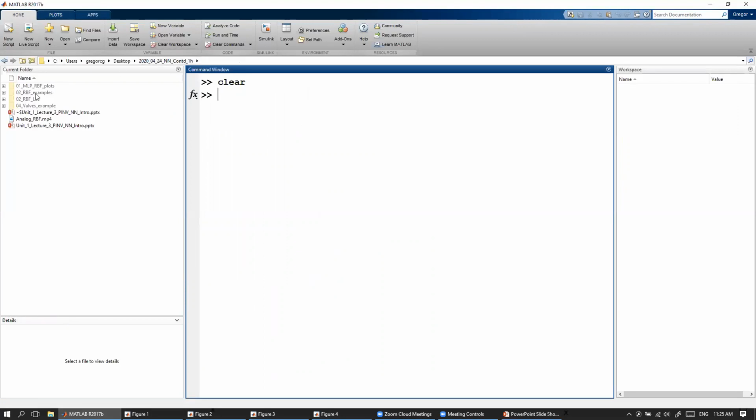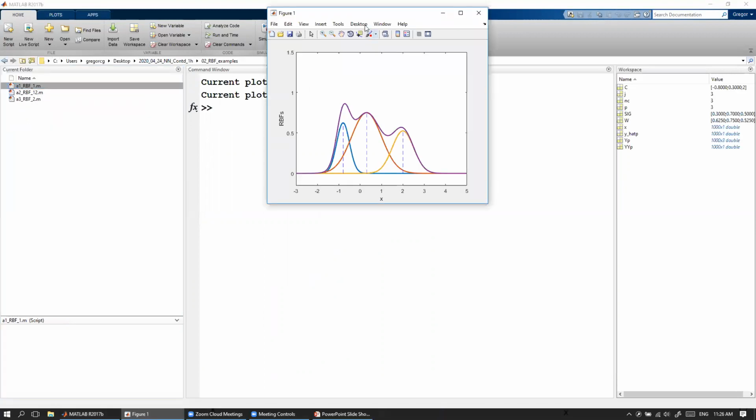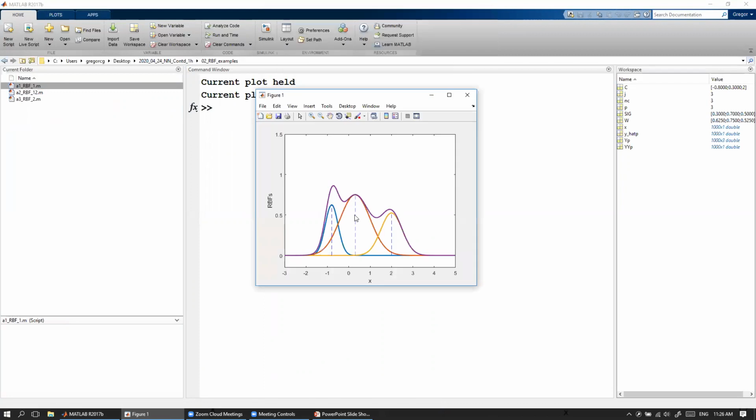So now, this is, as I said before, our neural network, which has 3 neurons, blue, red, and yellow, and the resulting function is purple. Now what happens if we move the centers, change the widths, and change the weights?